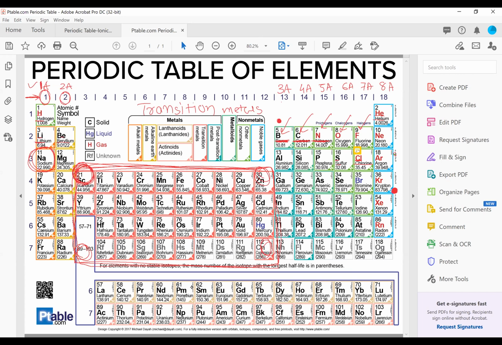But if there's an element which we represent using two letters, then the second letter must be a small letter, right? So He, the E is a small letter. Ne, N must be capital, e must be small. Ar, argon, A must be capital, r must be small. Okay? Do you guys follow this?